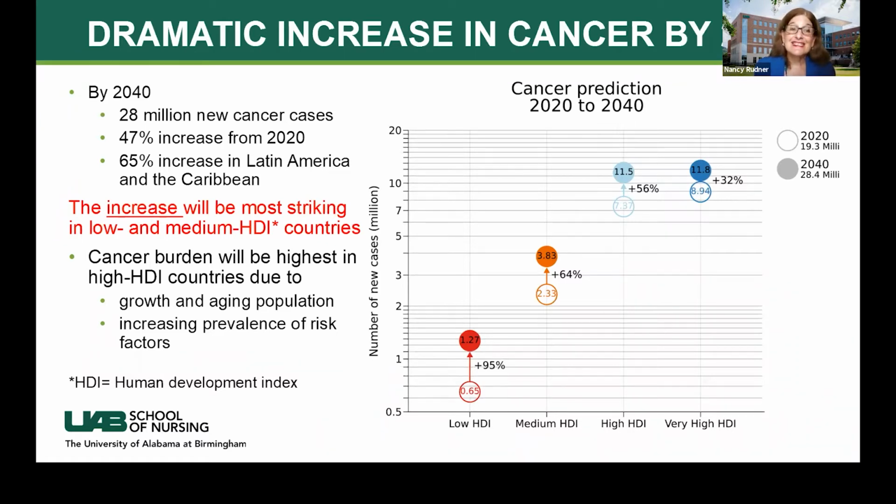And we expect a 65% increase in Latin America and the Caribbean, because the increase will be most striking in the low and medium Human Development Index countries. The cancer burden will be highest in the high Human Development Index countries due to the growth in aging population and the increased prevalence of risk factors. But as you can see from this chart, all countries are expecting a significant increase.